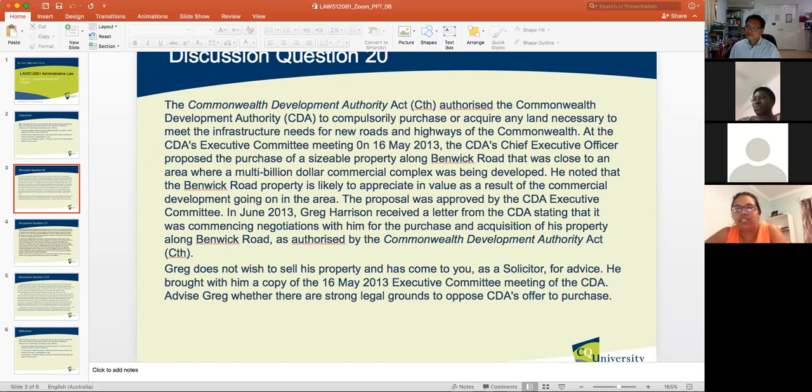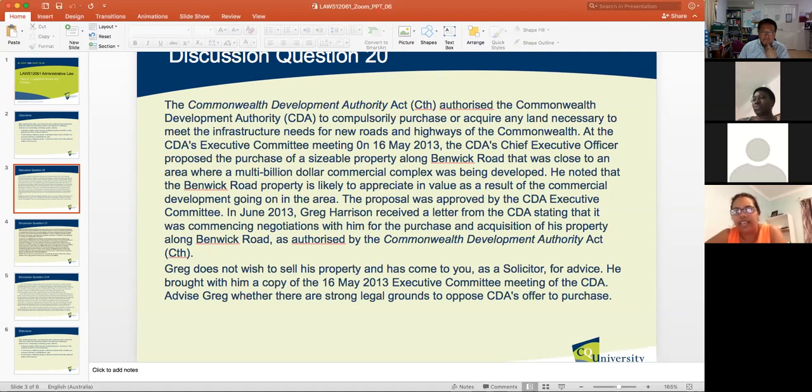Okay, discussion question 20. The Commonwealth Development Authority Act authorised the Commonwealth Development Authority to compulsorily purchase or acquire any land necessary to meet the infrastructure needs for new roads and highways of the Commonwealth.